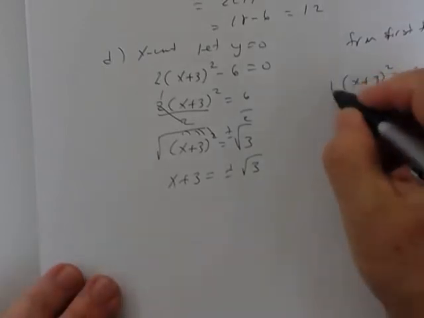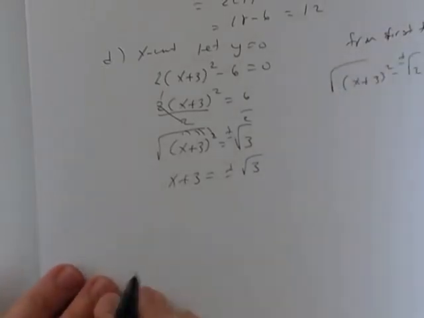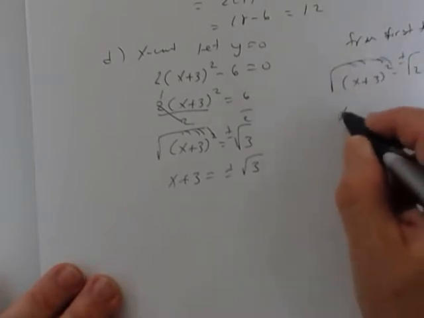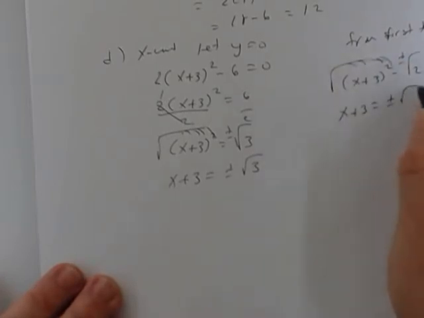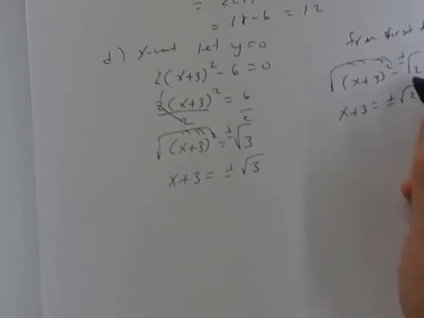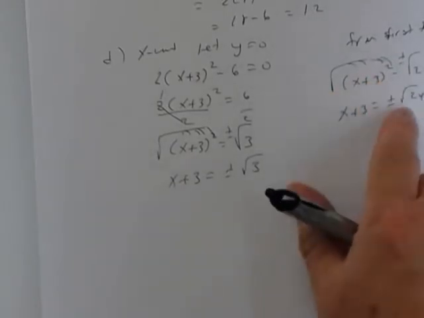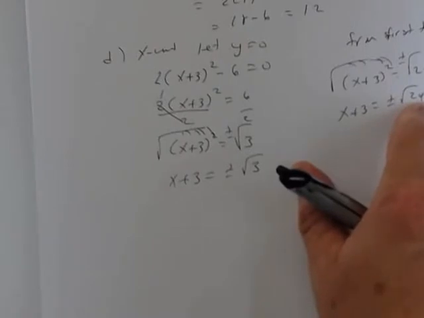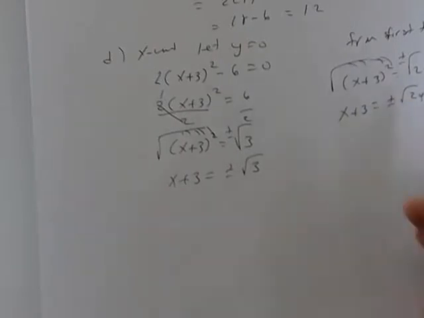We did the square root of both sides. You get plus and minus, right? Okay, and then the square and the square root do each other, so you get x plus 3 equal plus or minus square root of 24. On the first test, when you solved this equation, the directions also said to make sure you do what to this? Simplify. So you have to simplify this from the first test.